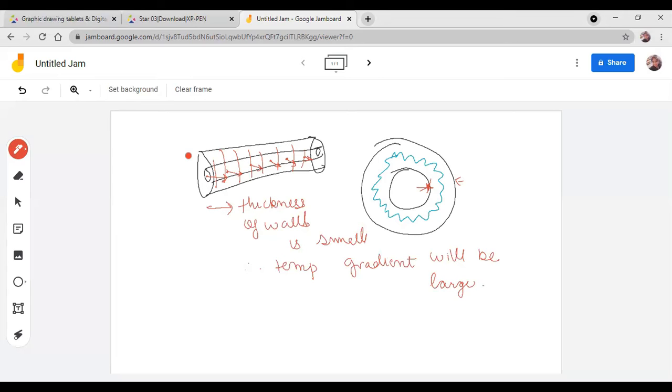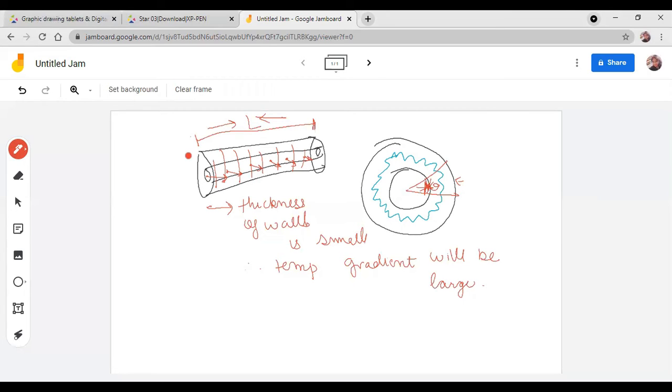Now coming back to the state of this flow, it can be perceived as a one-dimensional flow because of two things. One is that the temperature is not dependent on the axial length. Across this length L, the temperature will not change. Also, the temperature will not change with the azimuthal angle.